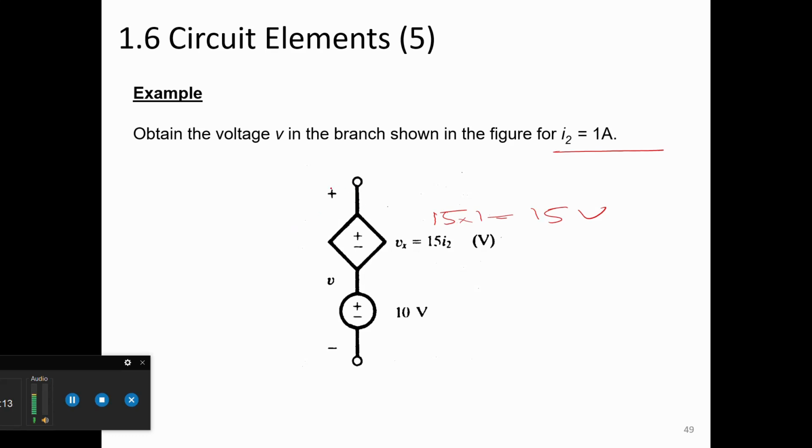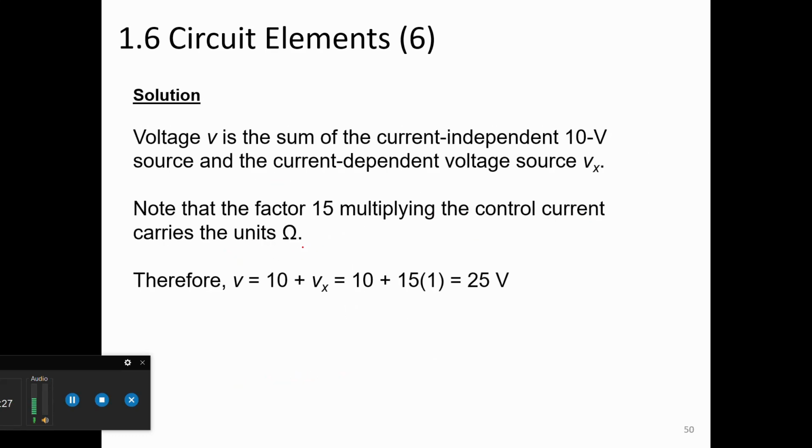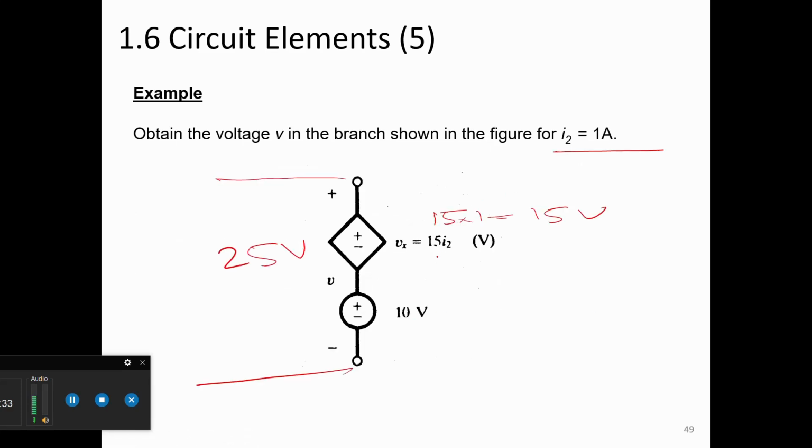If we want the voltage with these two references, these two voltages will be added, and we'll have 25 volts.